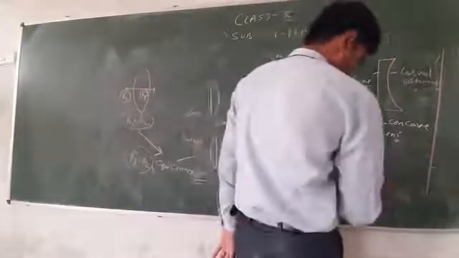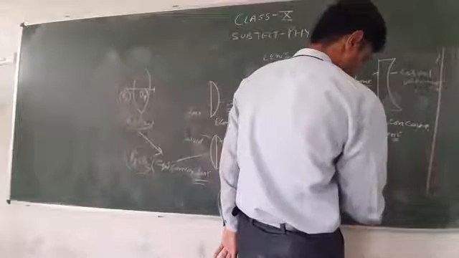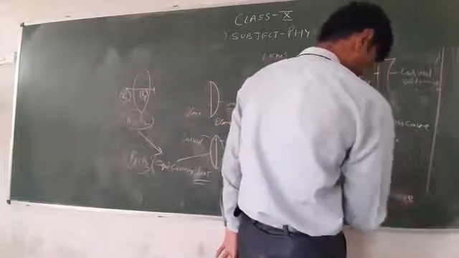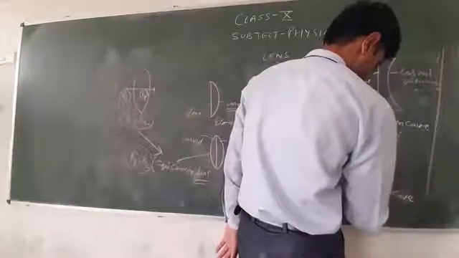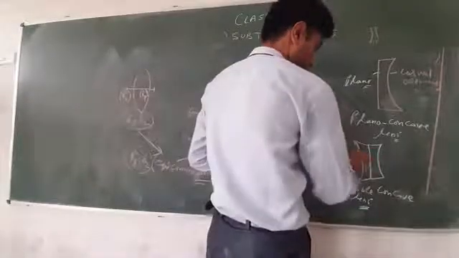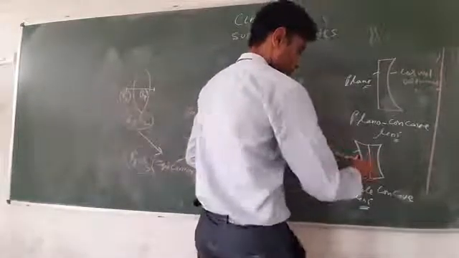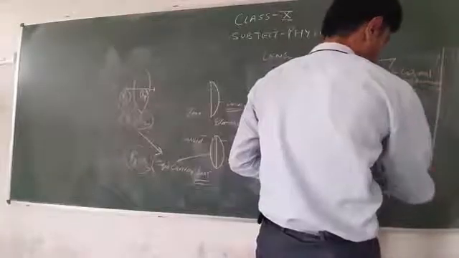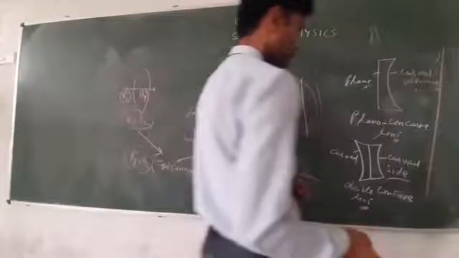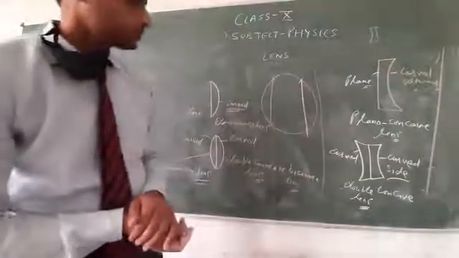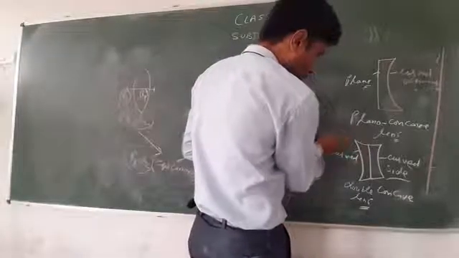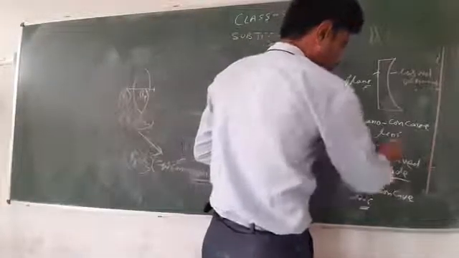But if it is curved from both sides like this, then this is a double concave lens or biconcave lens. Curved side and this is curved side. Okay, and similarly, this also consists of two spheres like this.